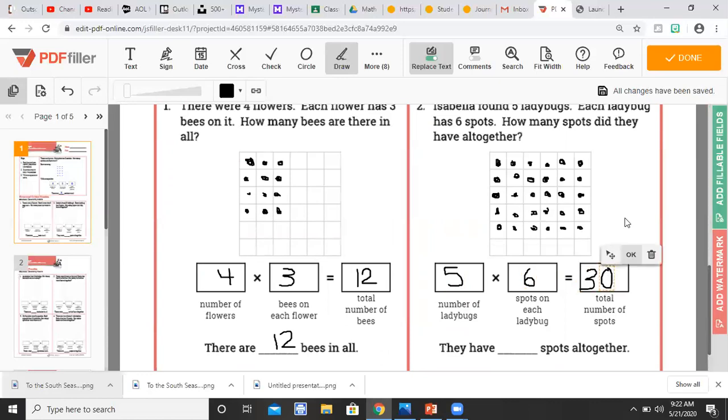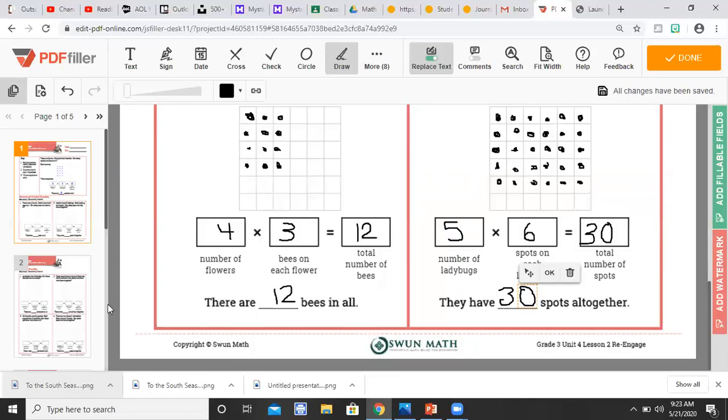So we say that 5 times 6 is equal to 30. And the sentence will read, they have 30 spots all together.